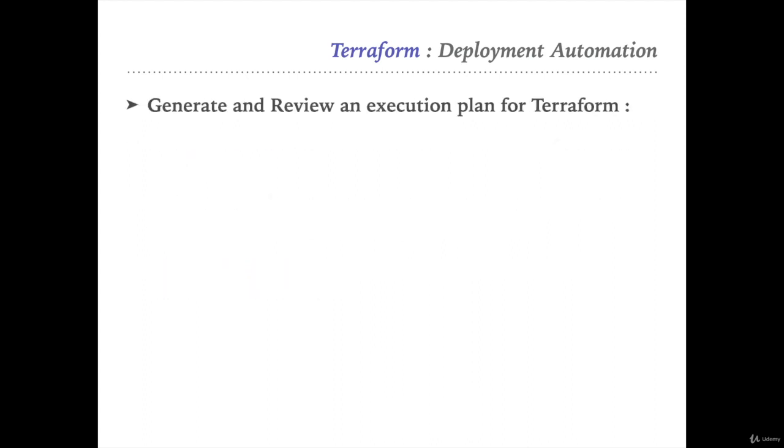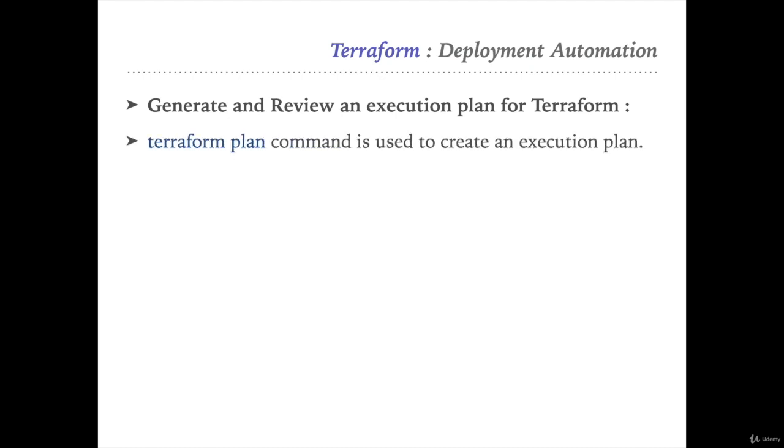Next is generate and review an execution plan for Terraform. We have seen terraform plan multiple times. What can we discuss around it? The terraform plan command is used to create an execution plan. Whenever we execute it, it will identify what resources are present in the Terraform configuration, and it will create a chart of the resources.